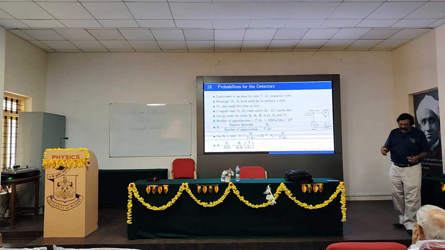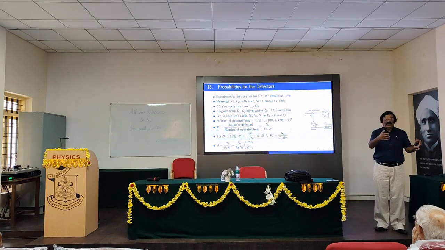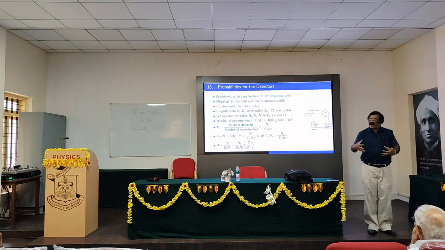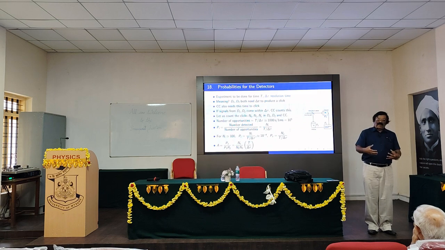Those who are in nuclear physics know this is called the dead time of the GM counter. Suppose a particle comes and the GM counter is trying to see that particle.